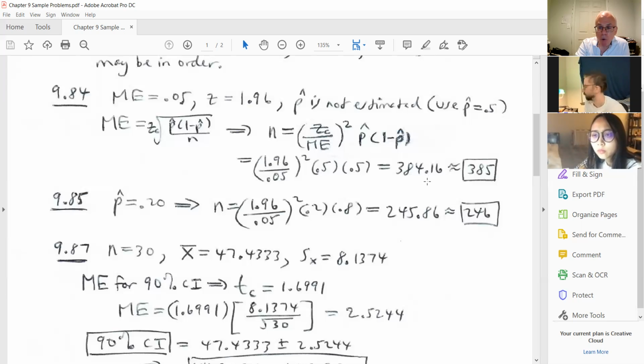And this is what you always do. If you get a decimal, no matter how small the decimal, you always round up to the next whole number. So unless you get an exact whole number answer, you always round up to the next whole number, which makes sense, right? Because you're counting the number of people or things that you're going to be sampling, which are whole numbers, people.